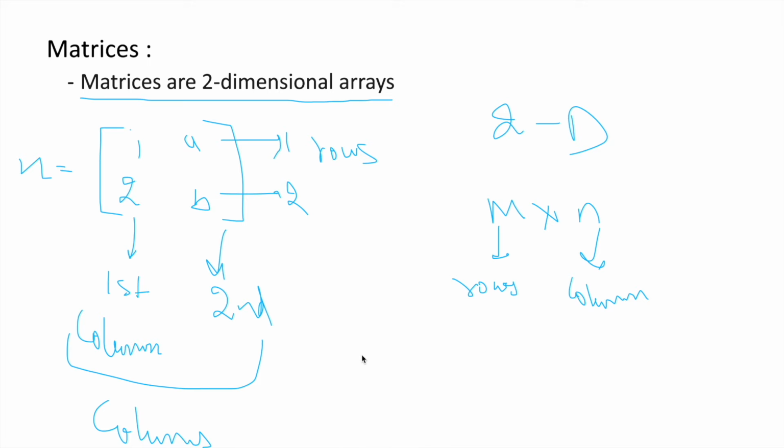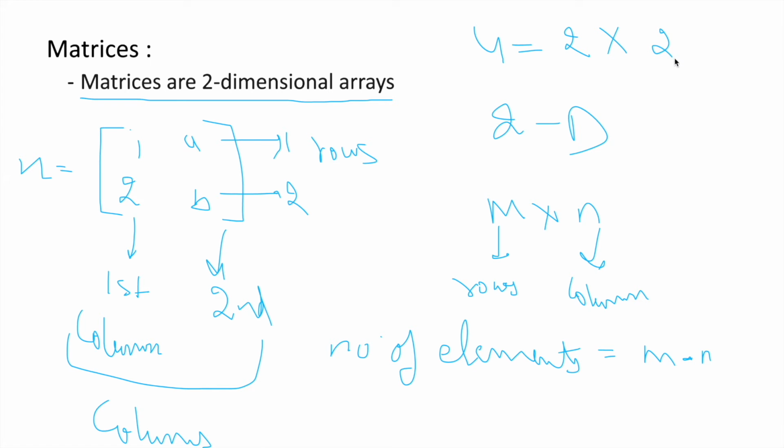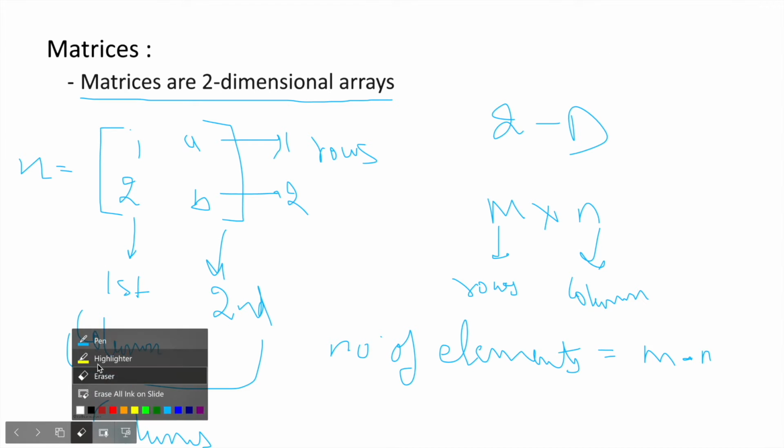The number of elements will be equal to m times n. So for example, here there are 4 elements. How do we represent this? This will be two rows and 2 columns, so this will be 4. So this is the basics about matrices.